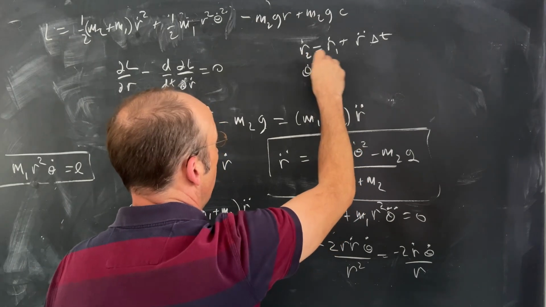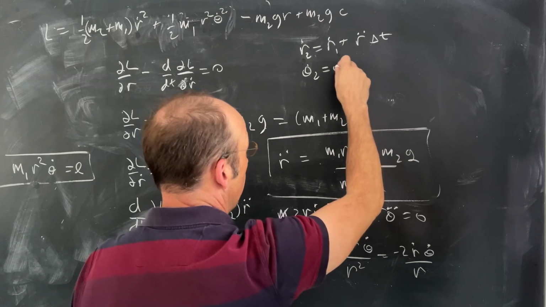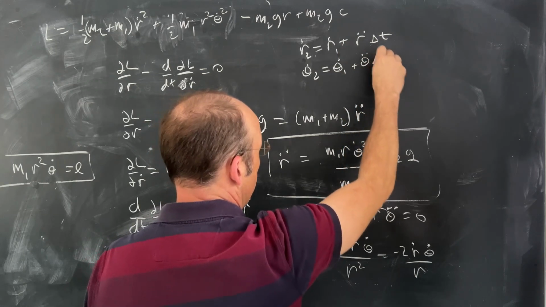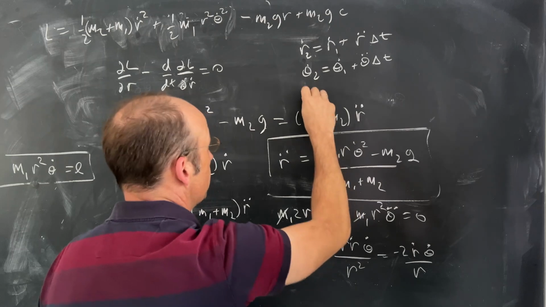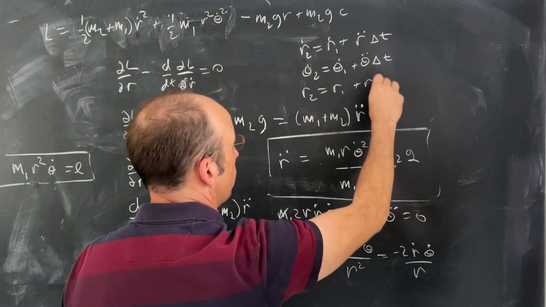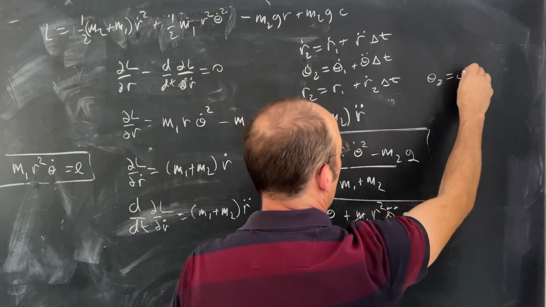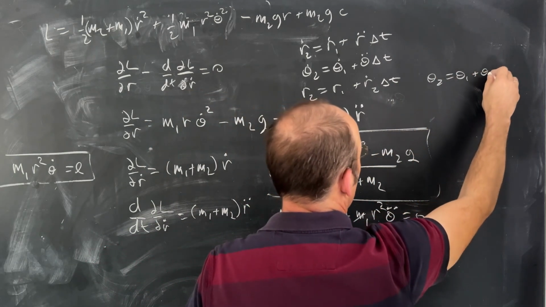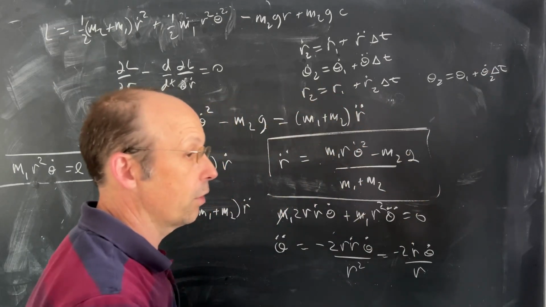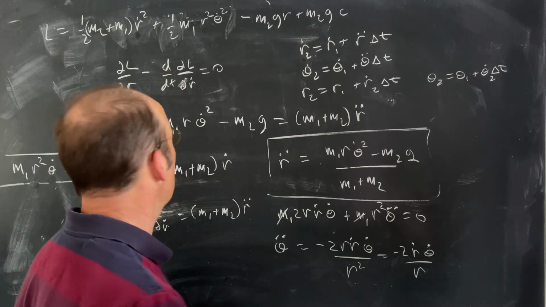Theta 2 dot, that's theta dot at the end of the time interval, and that's the beginning, theta 1 dot plus theta double dot delta t, and then I can update the positions. R2 is R1 plus R2 dot delta t, and theta 2 is theta 1 plus theta 2 dot delta t. Okay, so we can break that into short time intervals and we can make everything happen. We're going to need some numerical values, but let's just make that up as we go.